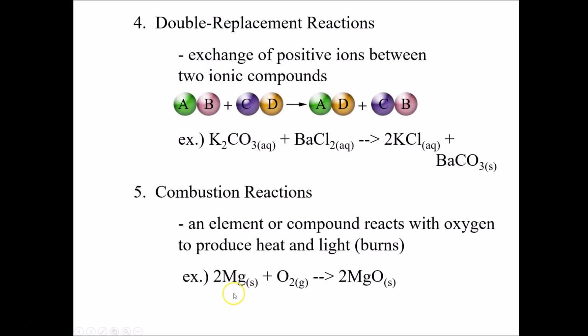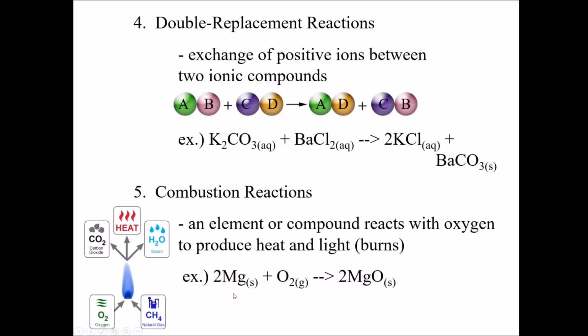Now, the most common type of combustion reaction that you are going to see in here is going to be a combustion of a hydrocarbon. So you notice down here in this example, this is taking natural gas, which is also known as methane, CH4. And methane is going to react with oxygen to produce this blue flame.